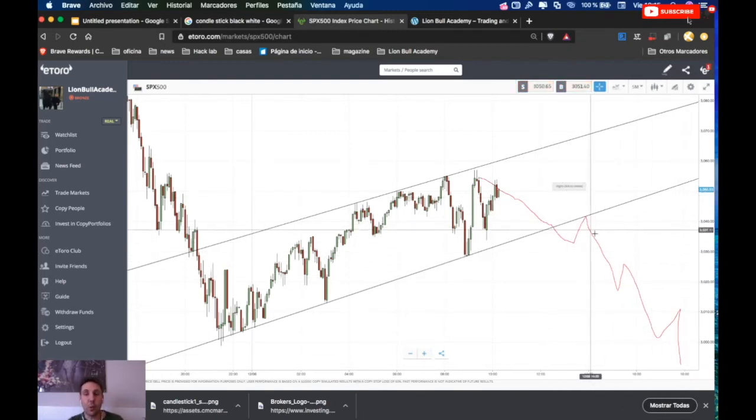But when it breaks, we start looking for possibilities of a new tendency. What do we need for a new tendency? Find new lows and new highs to understand if the tendency will be up or down. That's how technical analysis works, the basic way.